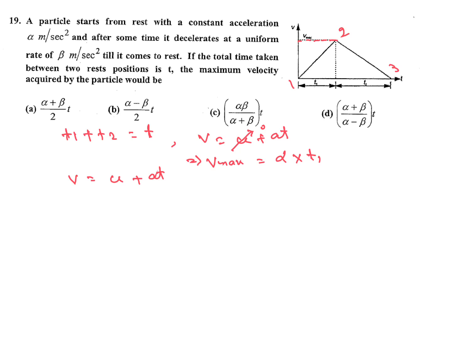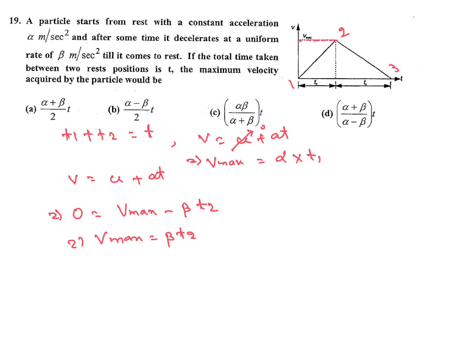So V, the final velocity at 3, is 0, U is V max, minus beta T2. So we'll get V max equal to beta T2.